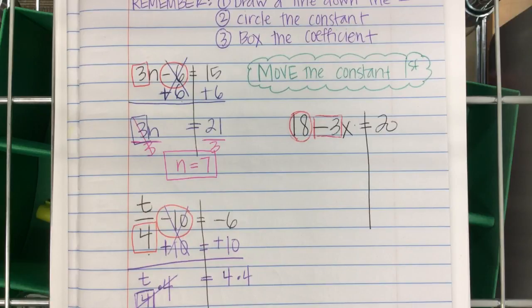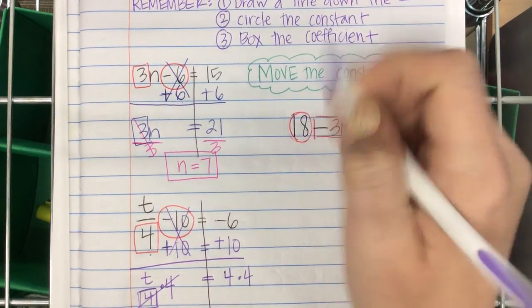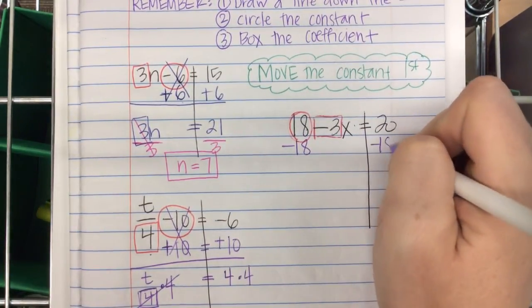We move the constant first. What's the opposite or inverse of 18? -18 to both sides.